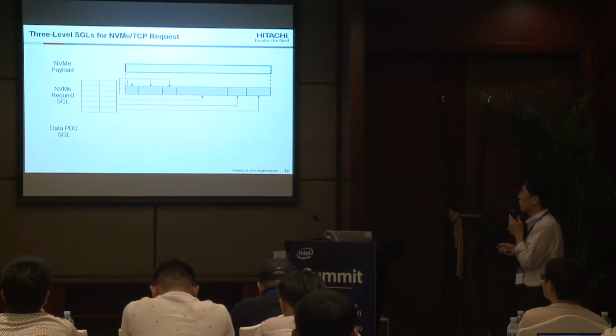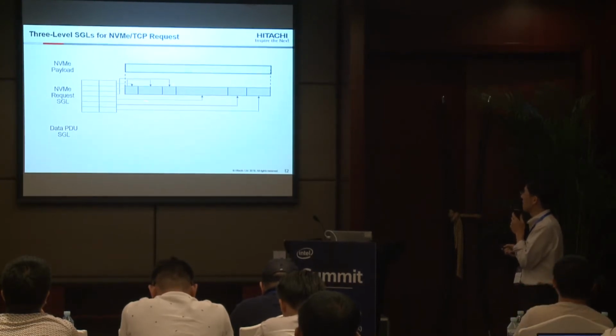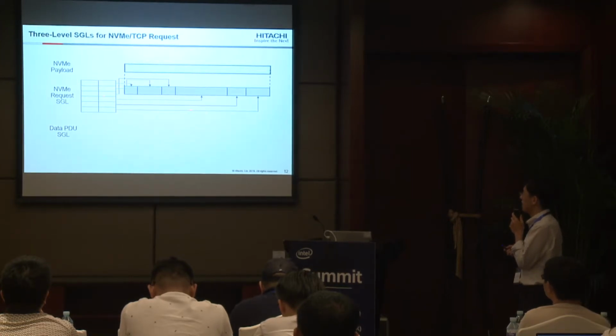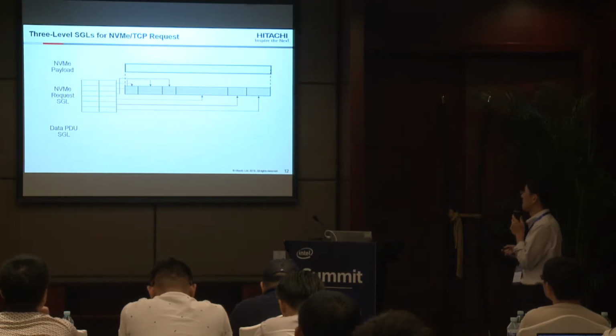So when the target knows the total I/O size, the target can allocate the total buffers, and create a scatter list to keep the location of the buffers.